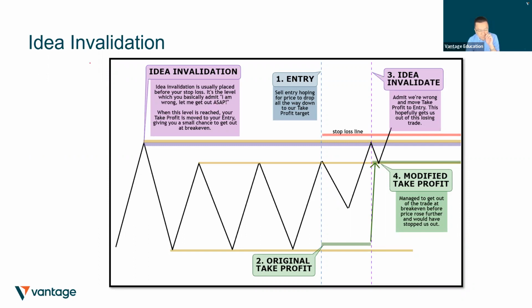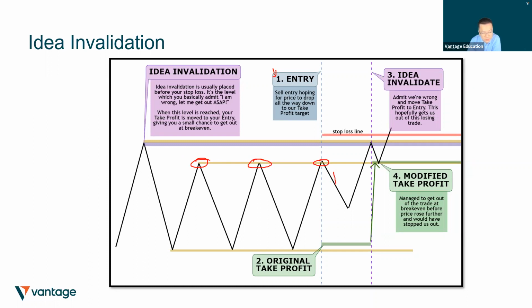Okay, so how we have it here, again, you have your entry level. Where's my mouse? Okay, you got your entry level here, right? Anticipating that price is going to push up and then turn down, so you're looking for this to turn down because of that resistance level there.